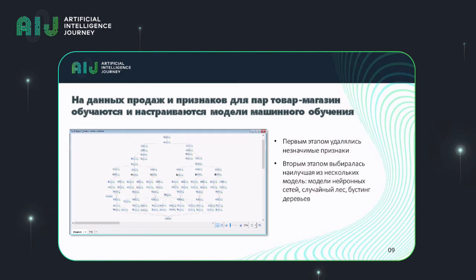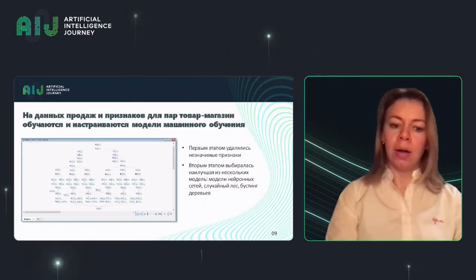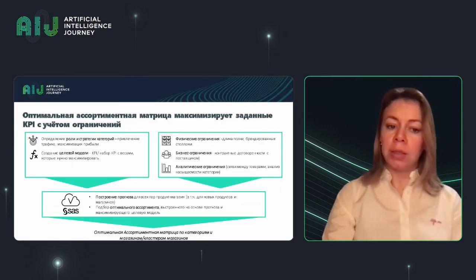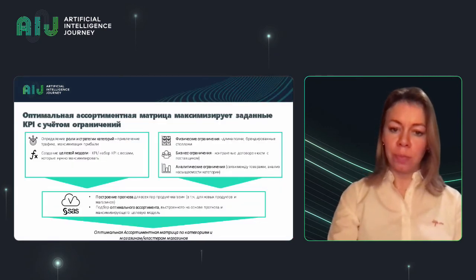At the next stage, we start forecasting the demand. Our demand forecasting system is based on ML technologies. Using machine learning, we try to forecast the future demand in the existing stores, and we can also try and predict whether this or that product would sell in a totally new point of sale.